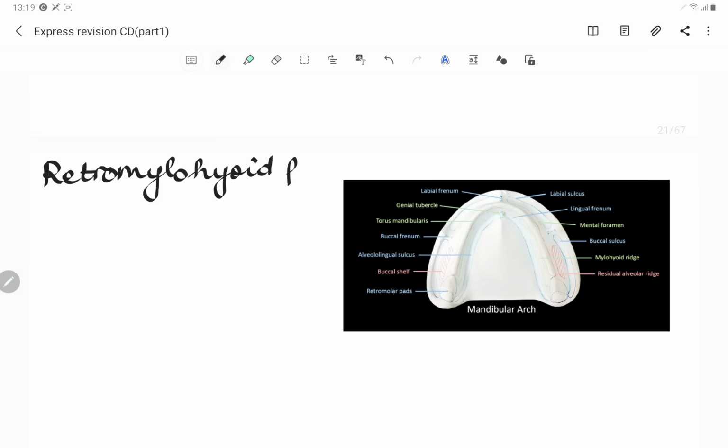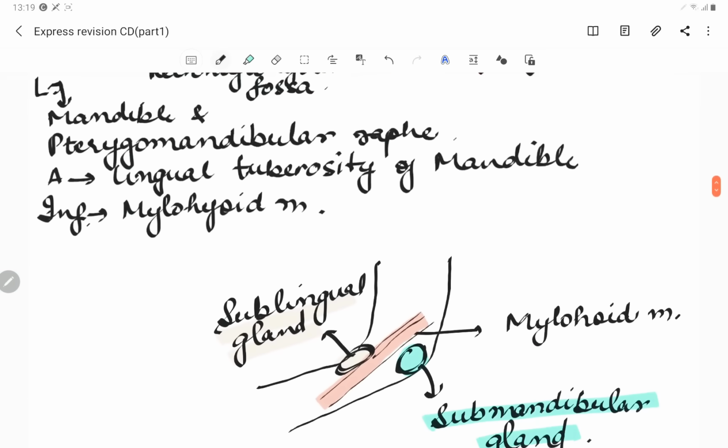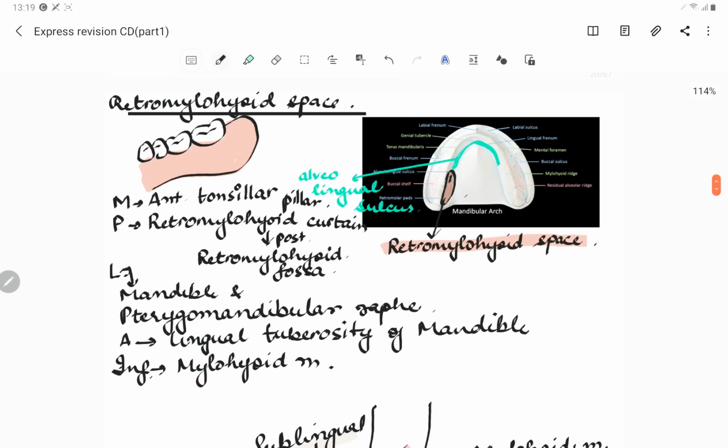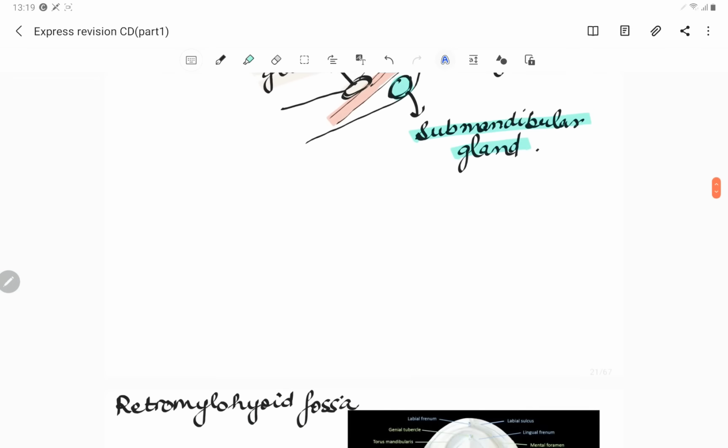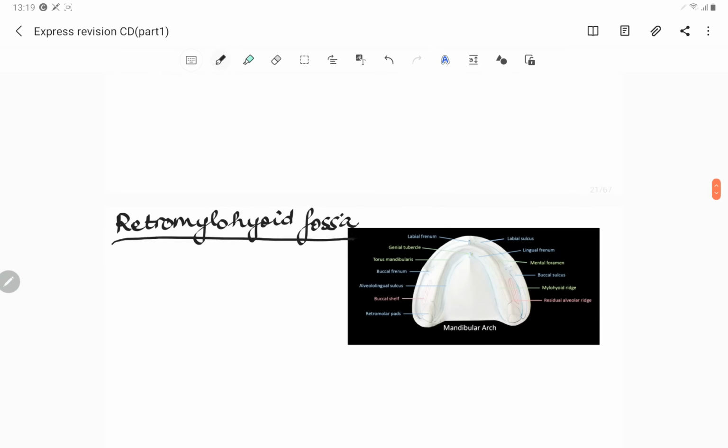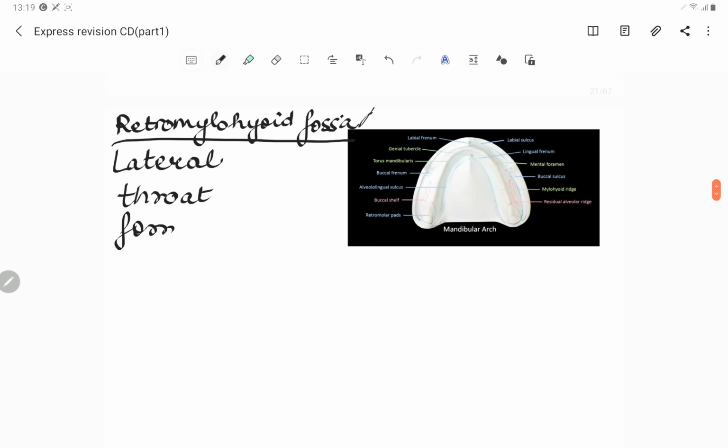We have already covered that. First of all is the alveolingual sulcus. Posterior to the alveolingual sulcus is the retromylohyoid space. Posterior to the retromylohyoid space we have the retromylohyoid curtain, and posterior to the retromylohyoid curtain we have got the retromylohyoid fossa. So the retromylohyoid fossa is the lateral throat form, right?